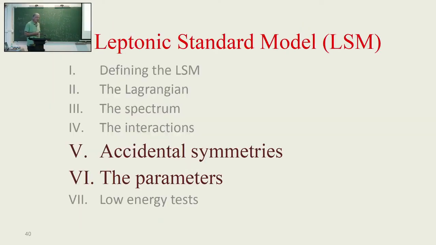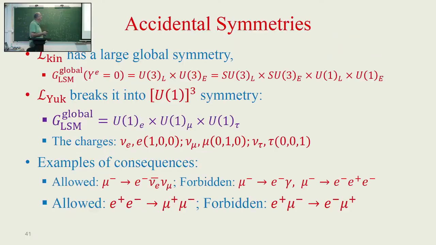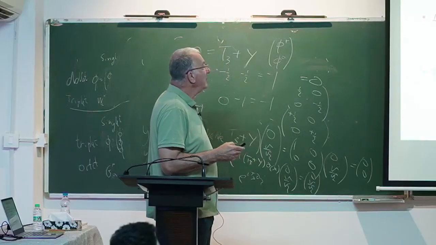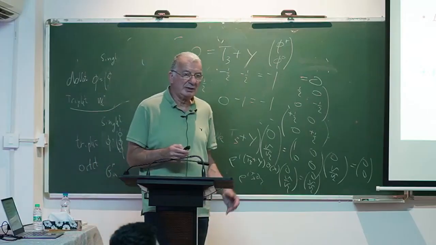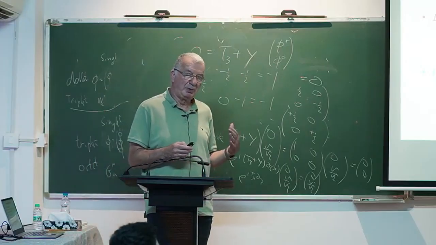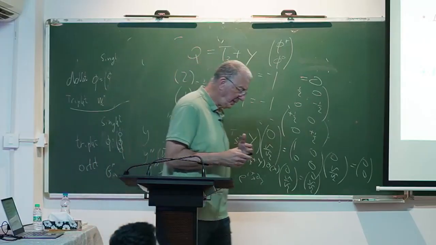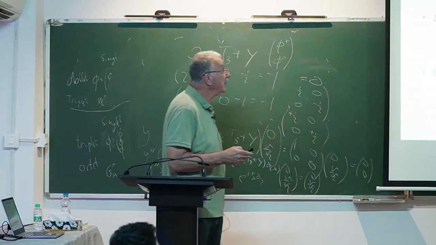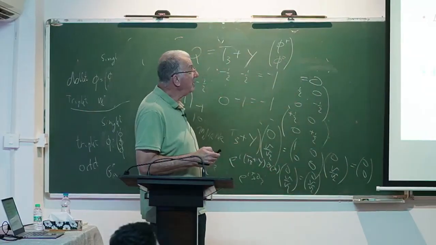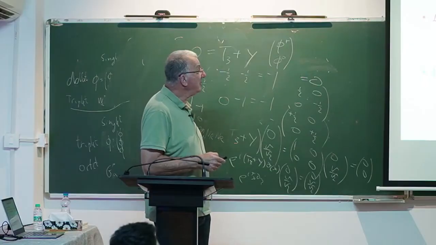Next thing is accidental symmetries and counting of parameters and identifying the parameters. We said that accidental symmetries, if there are accidental symmetries, are always a subgroup of the global symmetry of the kinetic terms. The fermions in the kinetic terms have a very large symmetry.